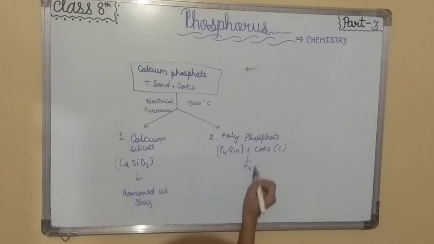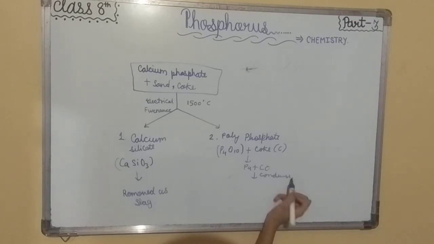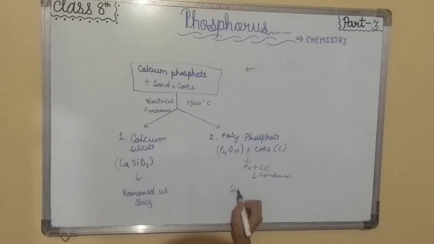Here P4 plus CO condense. This turns to solid phosphorus.